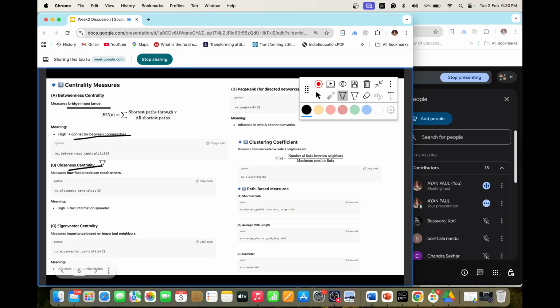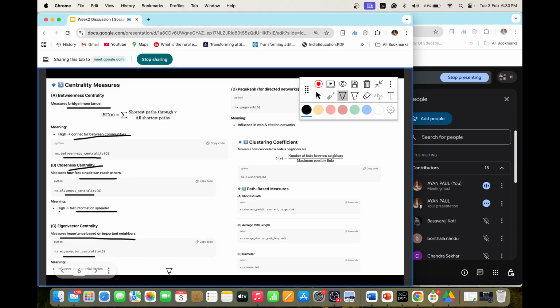Then you have closeness centrality, which measures how fast a node can reach others. High closeness means a fast information spreader. Then another centrality is eigenvector centrality, which measures importance based on important neighbors. Again, the code is very simple: nx.betweenness_centrality, nx.closeness_centrality, and nx.eigenvector_centrality.